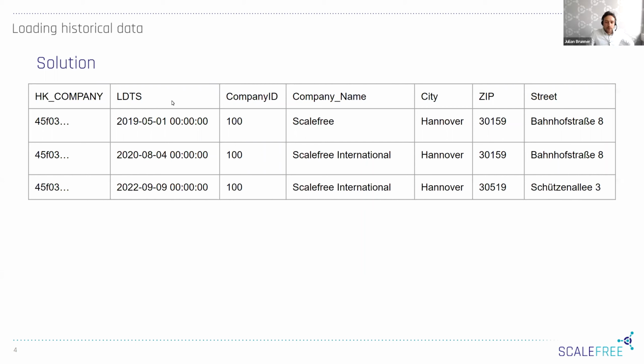So what you could do is to also store the old load date, for example, in the satellite in a descriptive field, but you will in the end use the old load date for the actual load date timestamp in Data Vault, and you don't have to rename it or anything else.